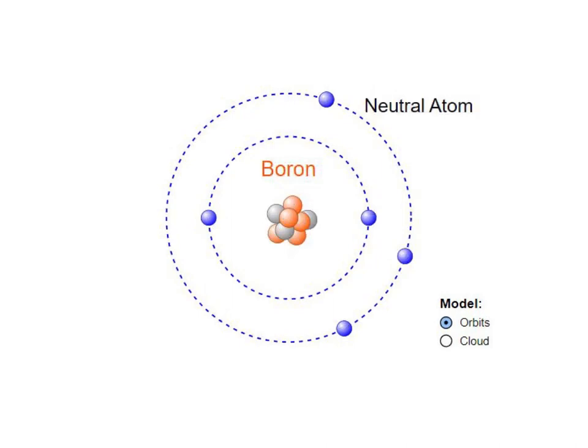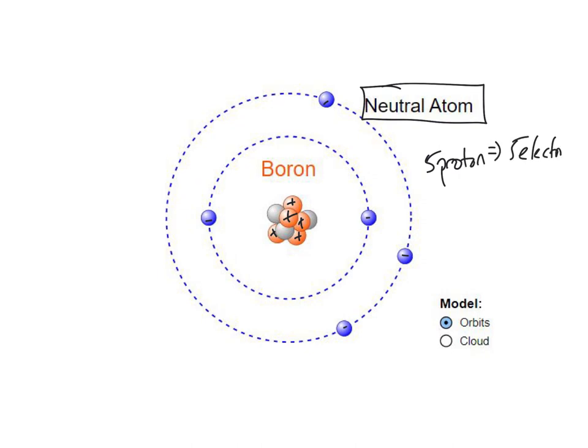And just to show this part of what we talked about at the start, that each element has a specific number of protons in its nucleus, when we have boron here, we have now 5 protons. In lithium, the last element that we looked at, we had 3 protons. Now we're still neutral in this boron because I have 5 electrons, and so I have 5 protons and I have 5 electrons, and so I have a neutral atom.